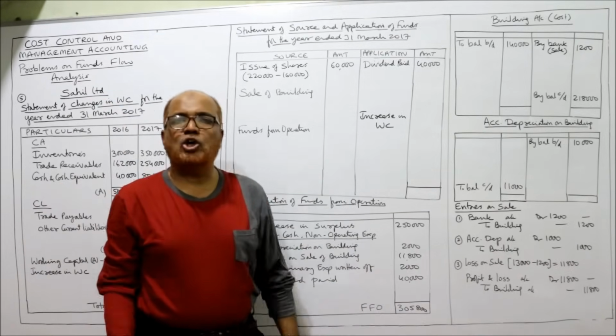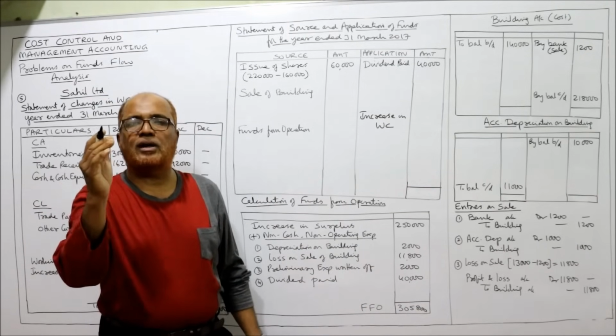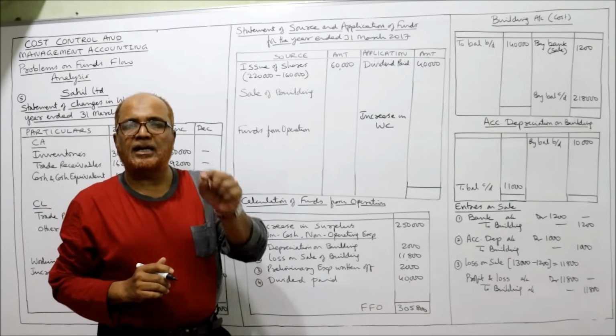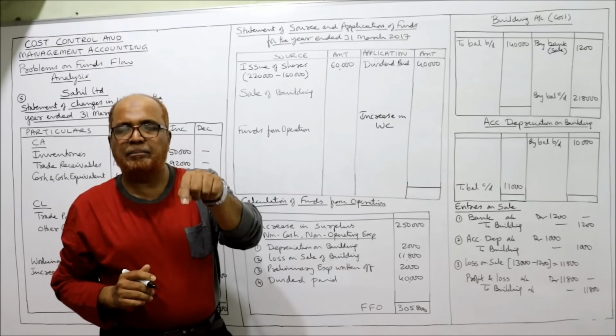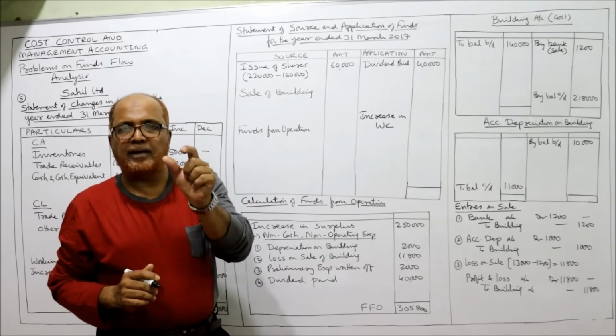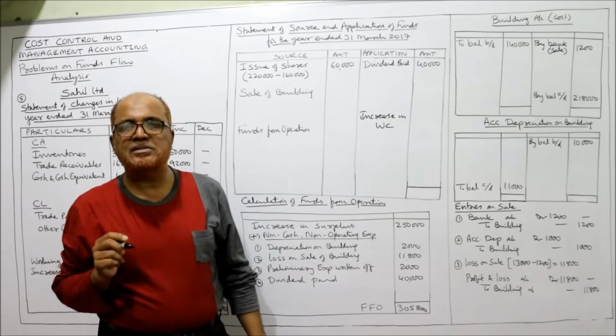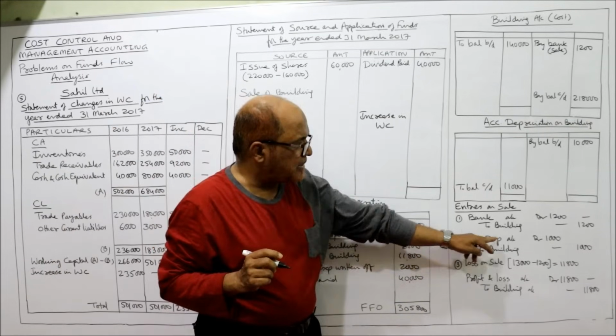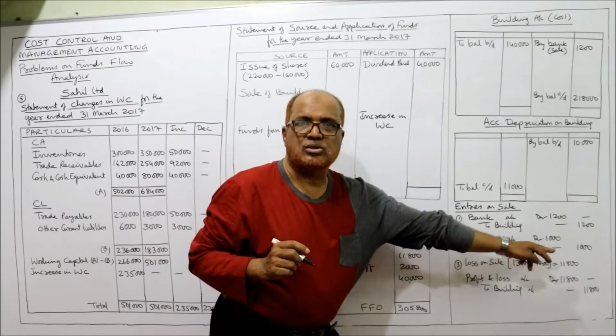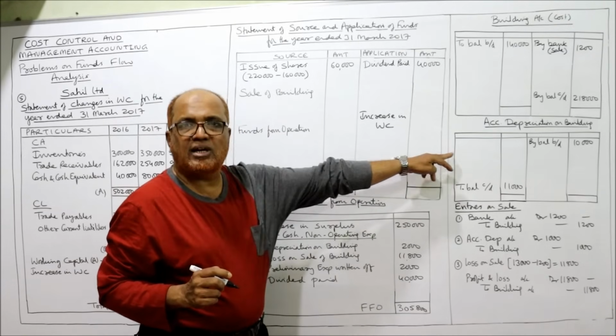Second entry, accumulated depreciation account debit to building account. The depreciation on that building which was sold. 1,000 rupees is the depreciation. So accumulated depreciation account debit to building account 1,000. Accumulated depreciation debited.